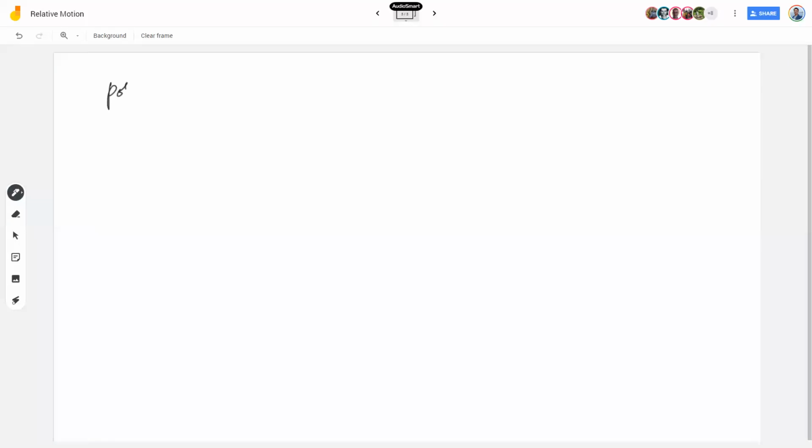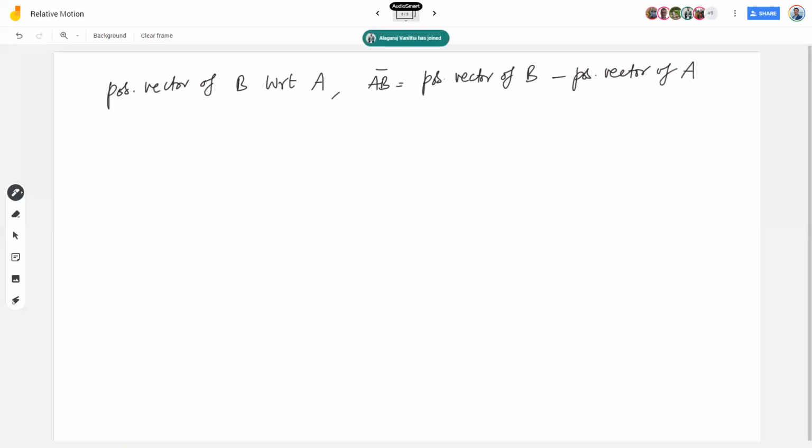So, the position vector of B with respect to A is written as AB bar is equal to the position vector of B minus the position vector of A, which is OB bar minus OA bar.